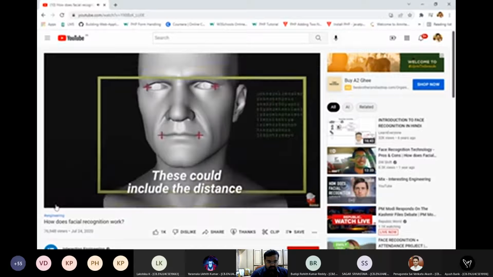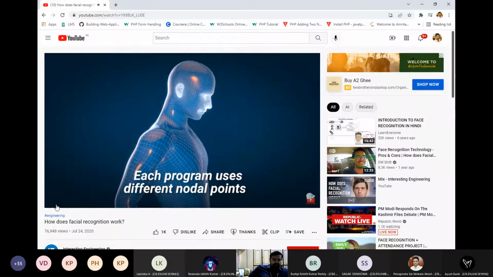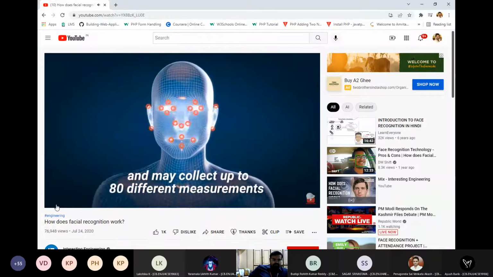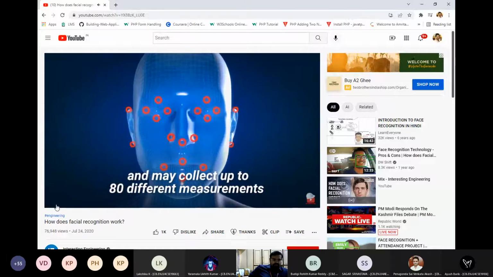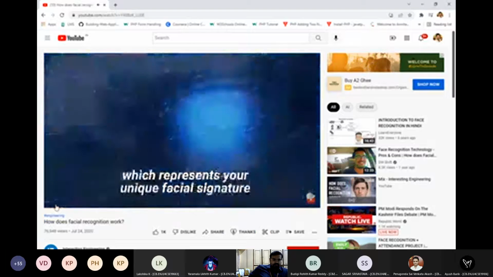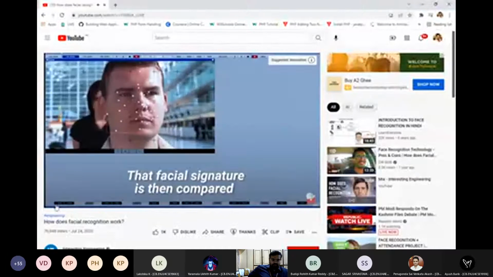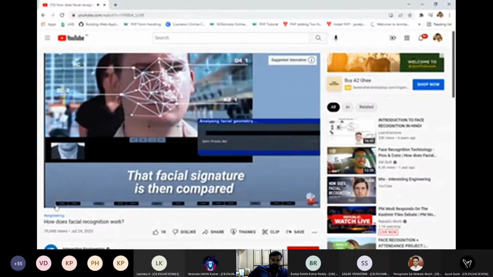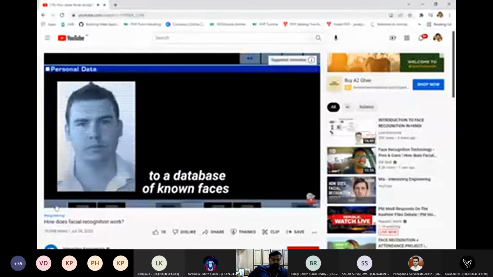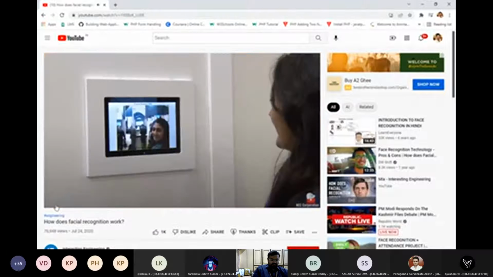These could include the distance between the eyes, the width of the nose, depth of eye sockets, distance from forehead to chin. Each program uses different nodal points and may collect up to 80 different measurements. This information is then converted into a mathematical formula which represents your unique facial signature. That facial signature is then compared to a database of known faces. This can all happen in a matter of seconds.